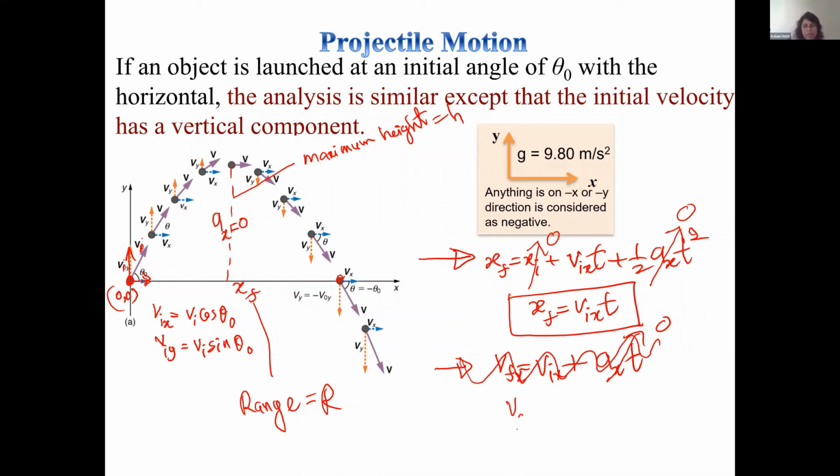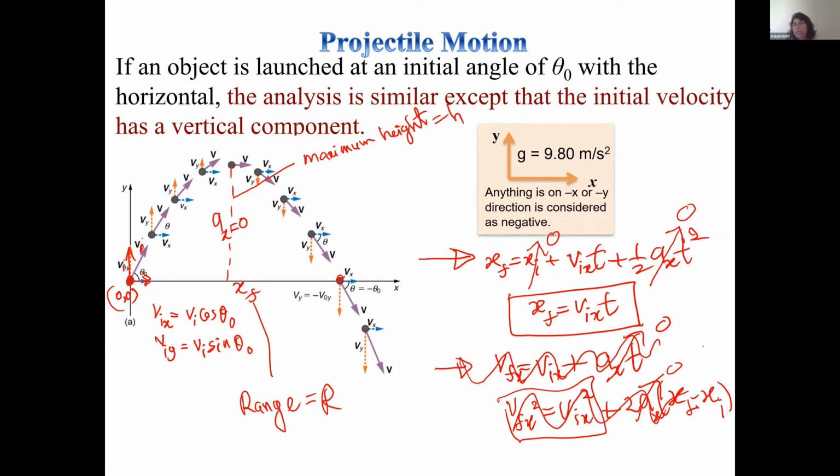Your last equation is also the same: twice acceleration times x final minus x initial. This also is 0 in the x direction. That means this again gives you that your x direction velocities are the same. That also we already know. That means that equation is not needed either.